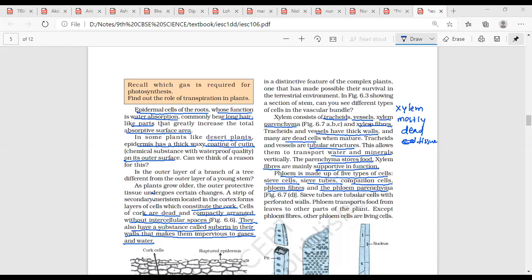Ma'am, could you repeat the first point?